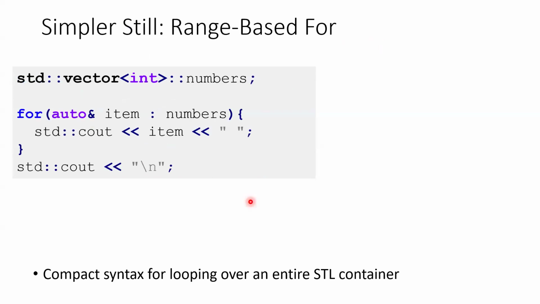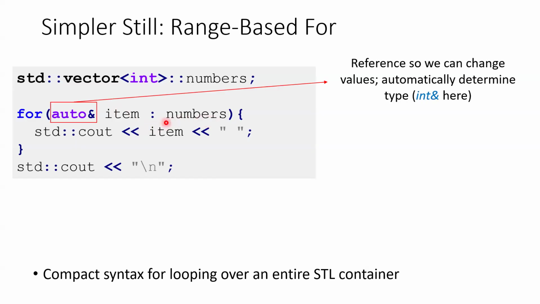Next, simpler still, we have the range-based for syntax that's defined only for STL containers. So say we have a container, like a vector, and we can loop through it using for (auto& item : numbers). The auto reference is so that we can change the values and types automatically with a for loop.